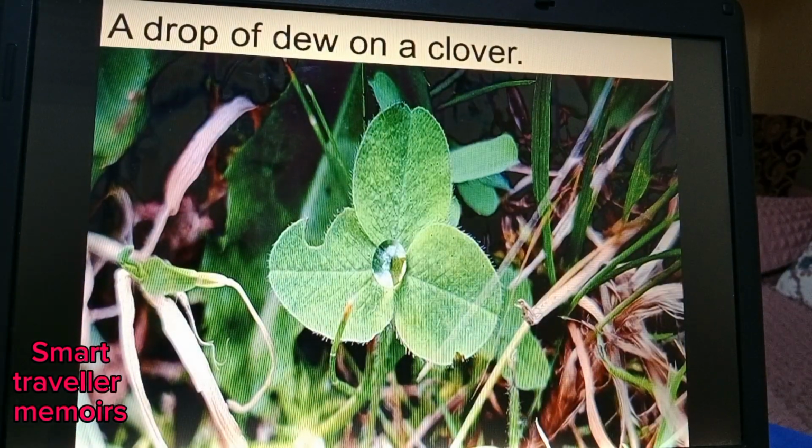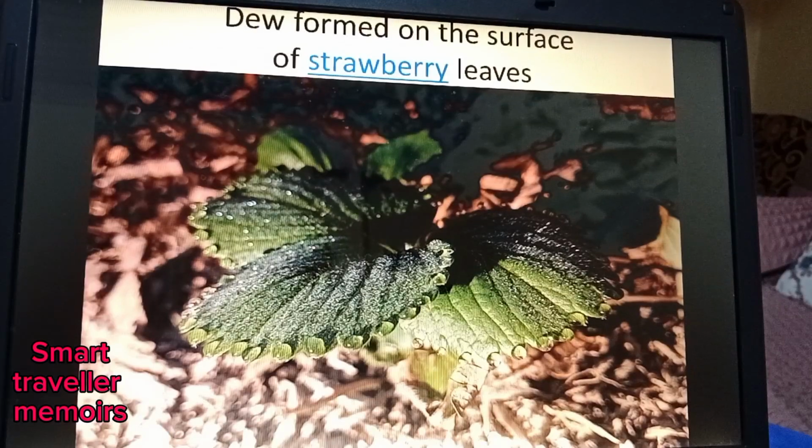In that photograph, you have a drop of dew on the clover. Have you ever asked yourself how that water gets to that place? Dew formed on the surface of strawberry leaves.